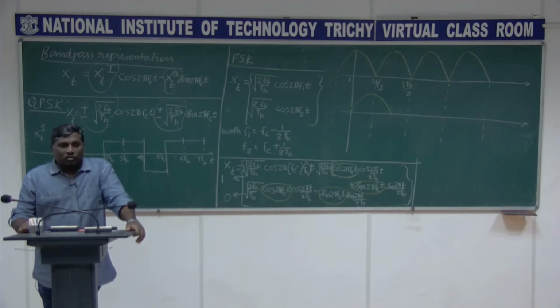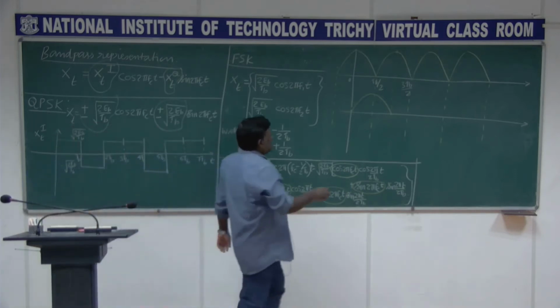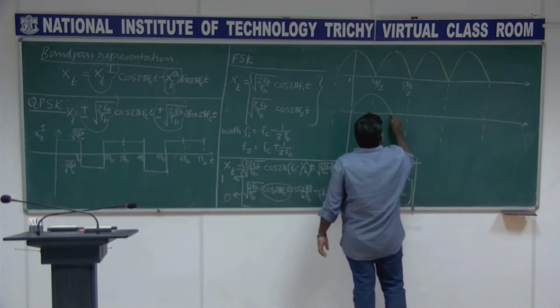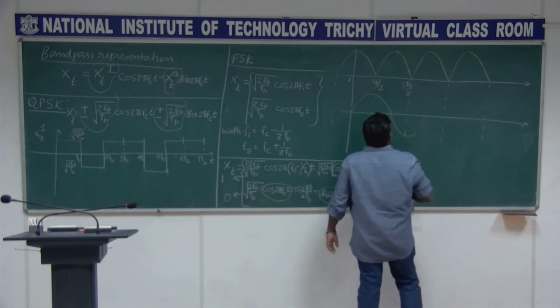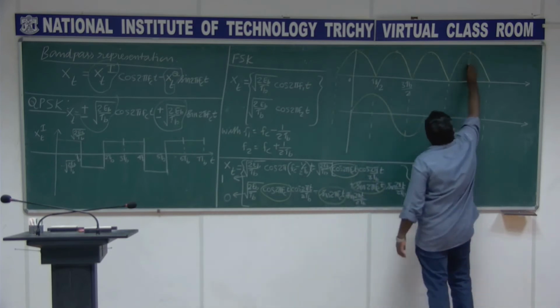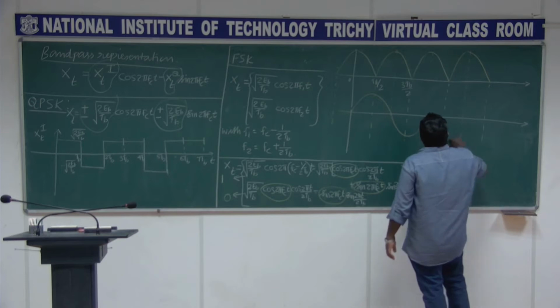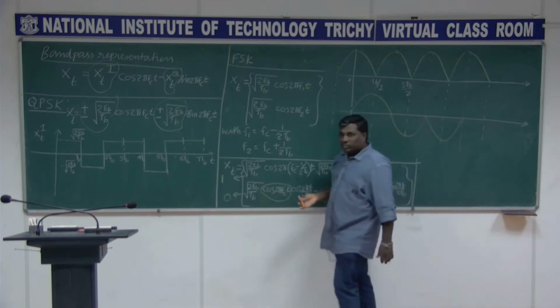This is what you are going to have for 1. If it is 0, you get it as what? The minus. If it is 1, or if it is 0 again, so you see that difference.